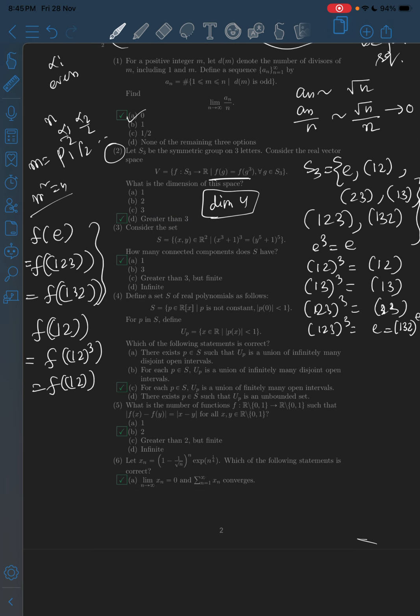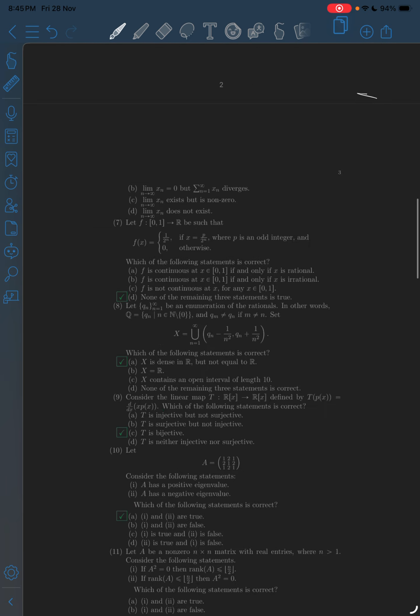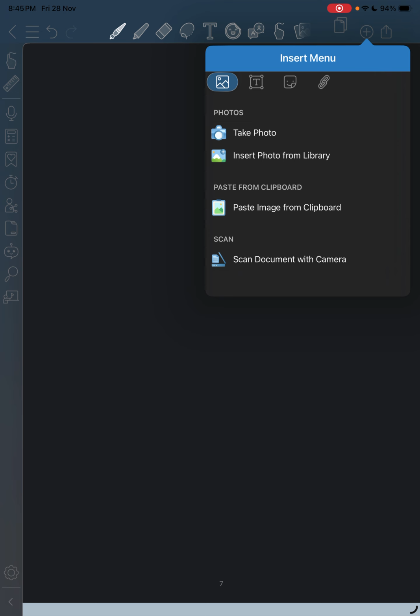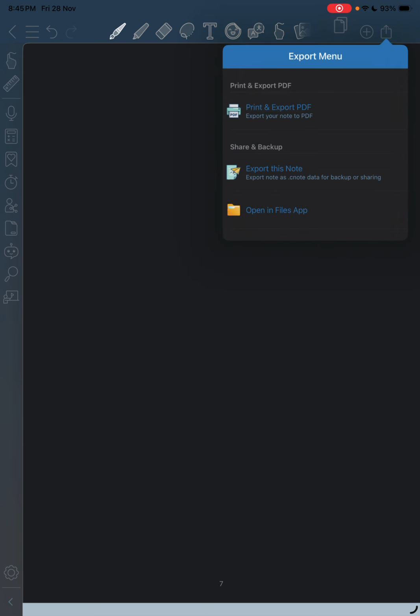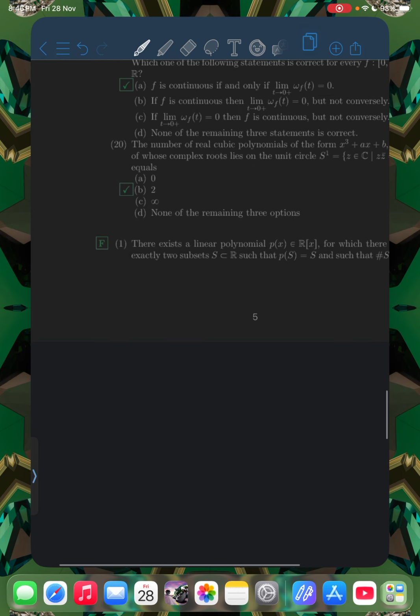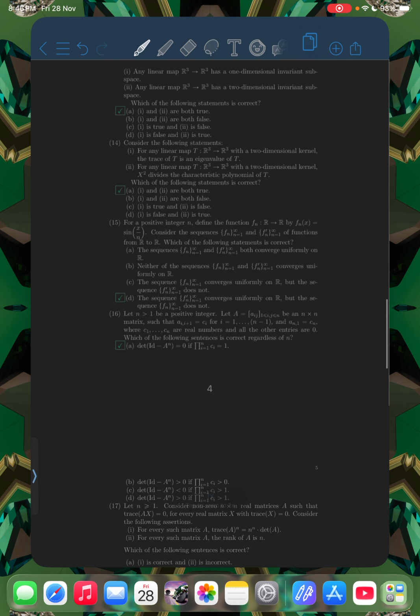It is saying that you need to take all pairs such that so 1 second, I want to add some I don't know what is happening, sorry for that.